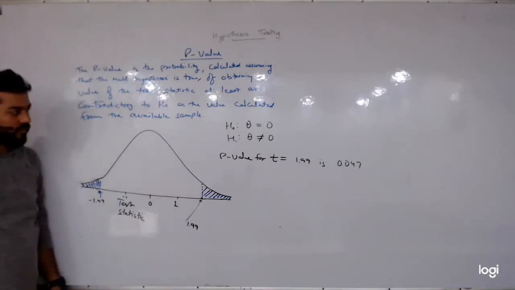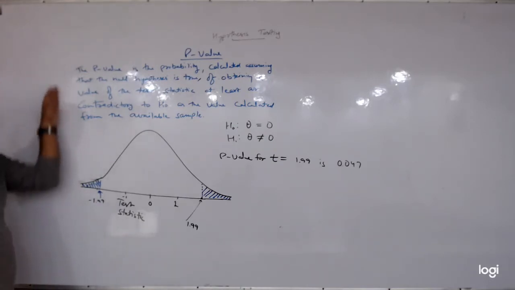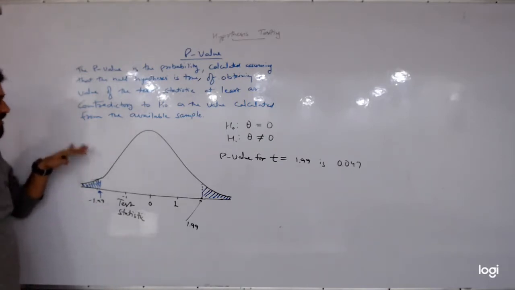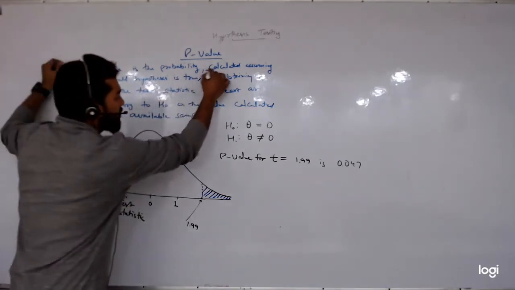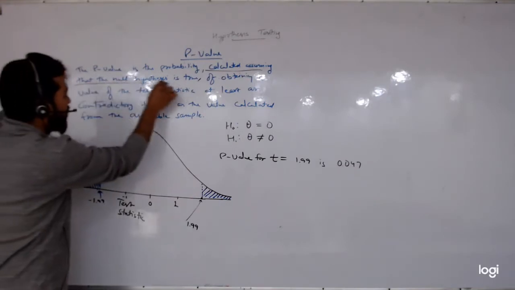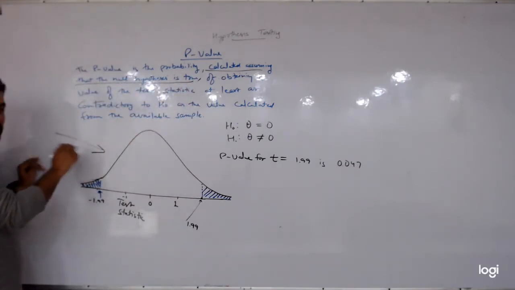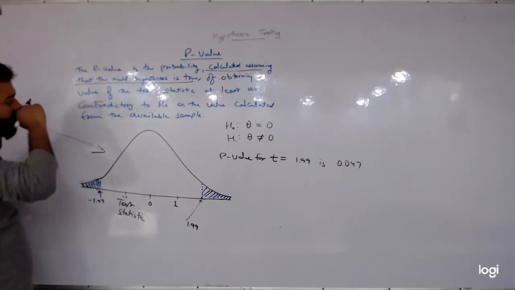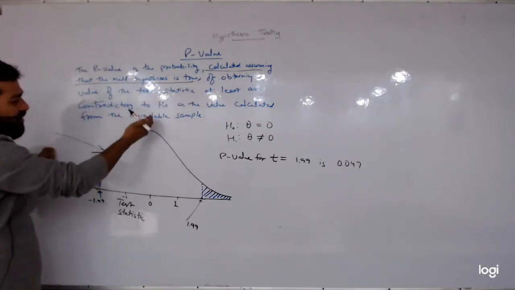Alright, so does this hocus pocus now make sense? Let me read it out again. The p-value is calculated assuming that the null hypothesis is true. We concluded that part by saying that this distribution is drawn assuming the null hypothesis is true, of obtaining a value of the test statistic at least as contradictory.